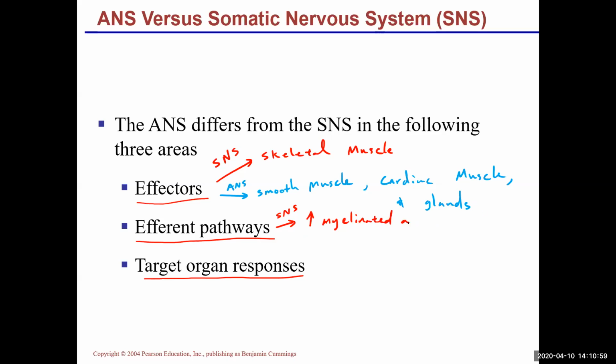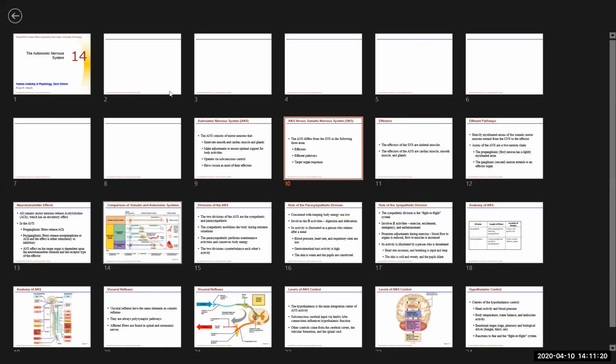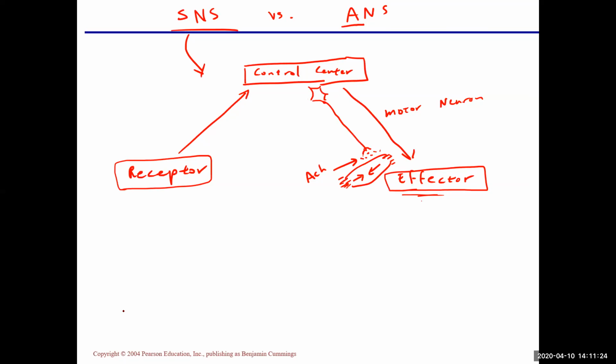If you remember the earlier lecture, I told you that in axons that are myelinated, you can have saltatory conduction, and the conduction is going to go very fast. So in the somatic nervous system, let's go to one of these blank pages so I can draw this a little differently.